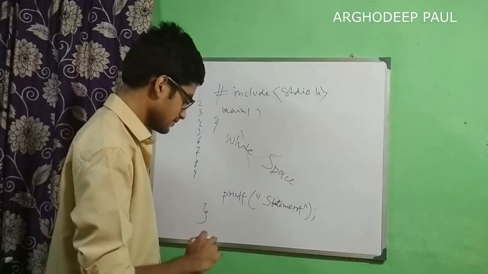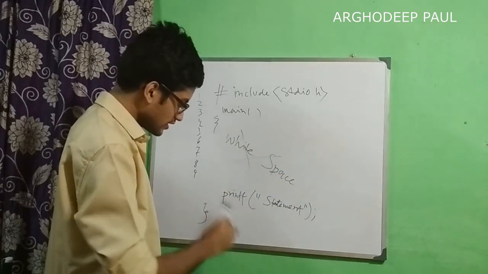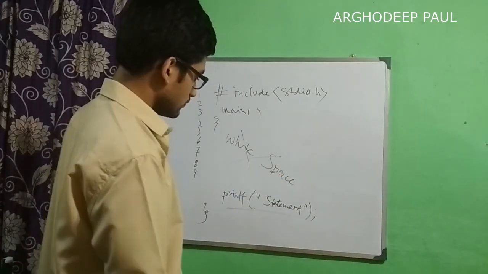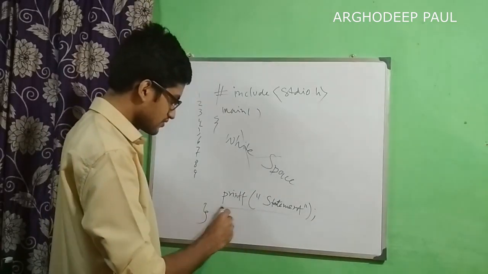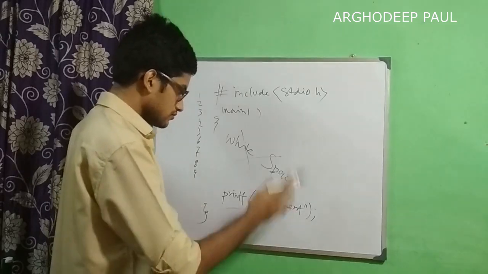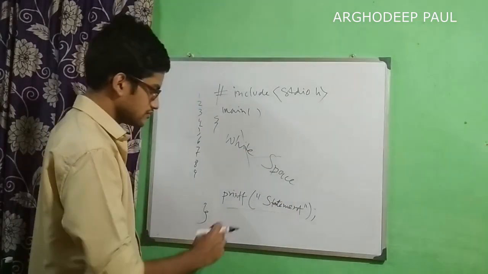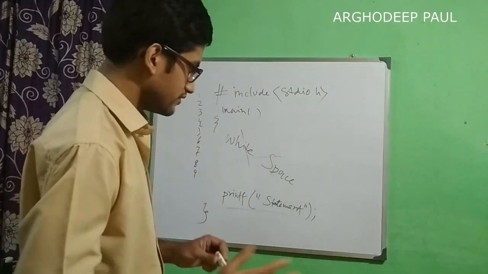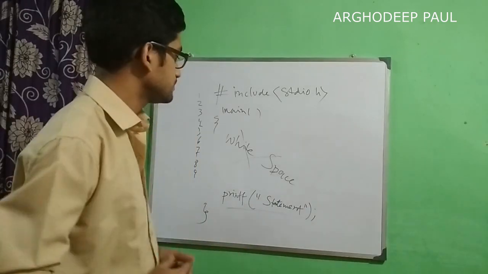It will just skip those lines, and when the compiler encounters this printf function call with the statement argument, it will simply do the compilation and will definitely ignore the white space without giving any error or warning or alerts.